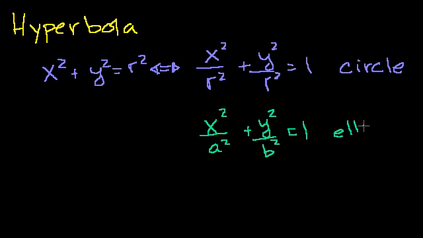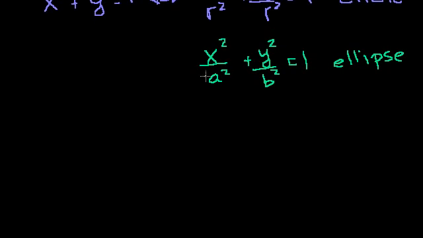That's an ellipse. And I'll skip the parabola for now because the parabola is kind of an interesting case and you've already touched on it. So I'll go into more depth on that in a future video. But a hyperbola is very close in formula to this. And there are two ways that a hyperbola could be written. It could either be written as x squared over a squared minus y squared over b squared is equal to 1.